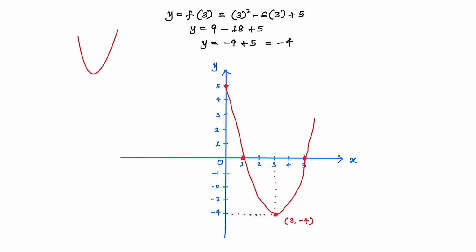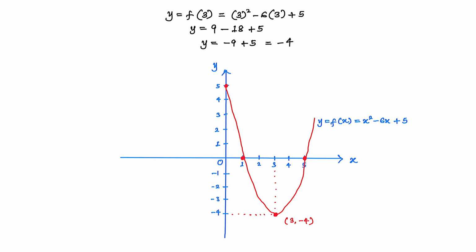And roughly, this is the graph. So this is the graph of y equals f of x equals x squared minus 6x plus 5. Hence, we've sketched the graph of this quadratic equation successfully.